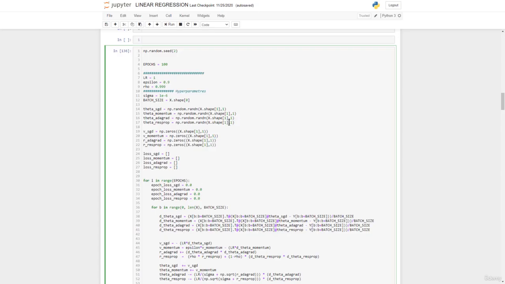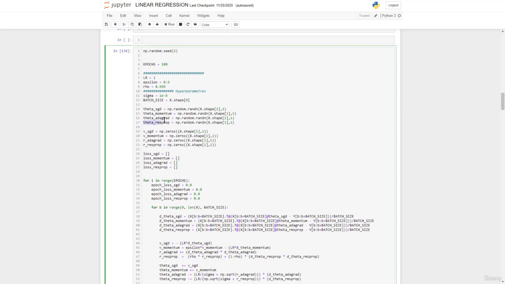Let's look at the practical development of the RMSprop algorithm. So here we have rho, which is defined. This is a very typical value which can be tuned depending on how far back in time you want to go in using the partial derivatives with respect to theta to affect the current learning rate. We have sigma, which is this, the batch size.